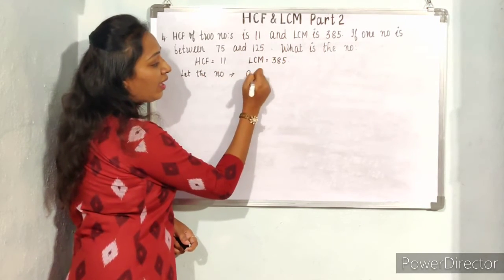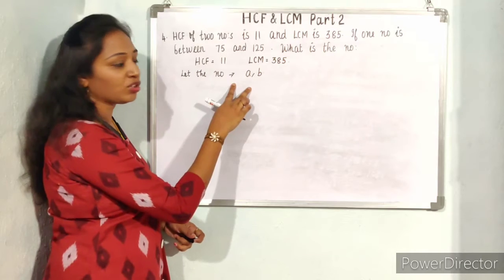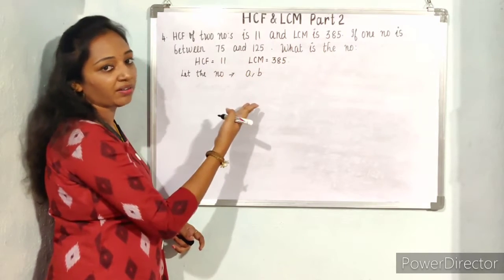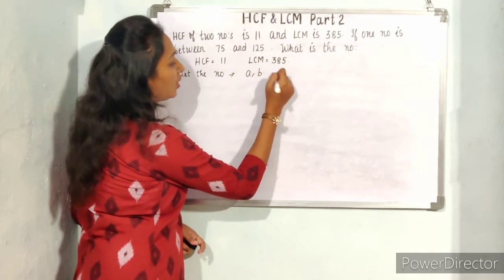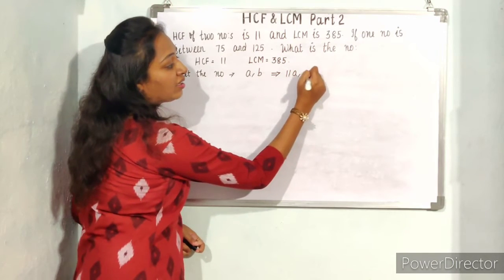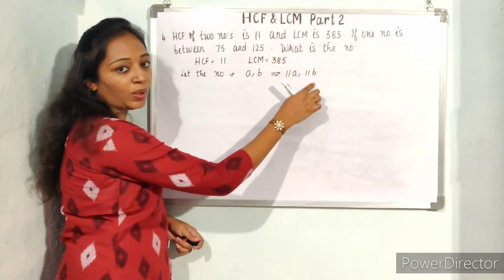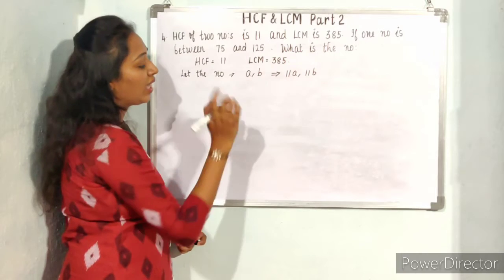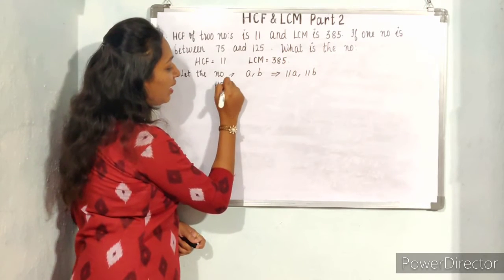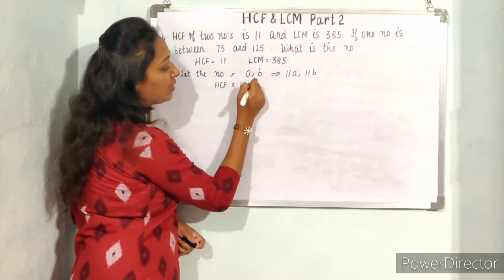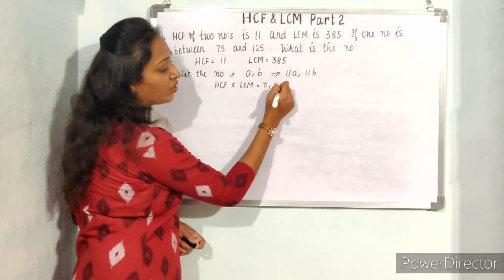Already I told you, let the numbers be A and B. When the HCF is given, we can write the two numbers as 11A and 11B, because the common factor is 11, which is the HCF. And we know the formula, HCF into LCM equal to N1 into N2.